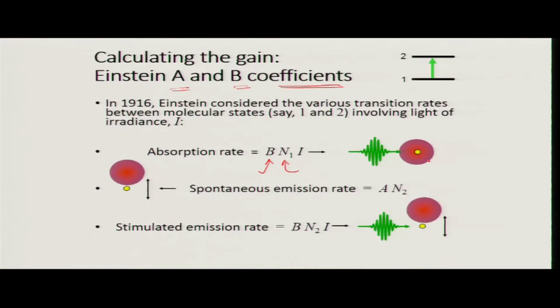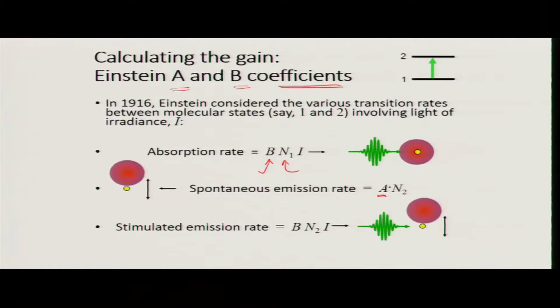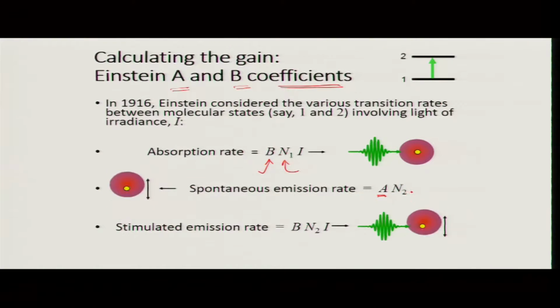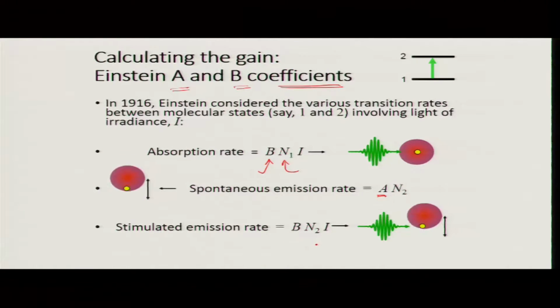The spontaneous emission rate would be simply proportional to coefficient A times the number of electrons in the excited state, which are being pulled down. The stimulated emission process, however, depends on the availability of photons.